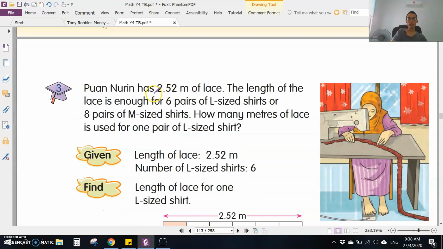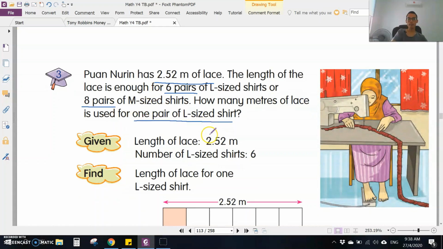Okay, Puan Nurin has 2.52 meters of lace. The length of the lace is enough for 6 pairs of L size or 8 pairs of M size. How many meters of lace is used for 1 pair of L size shirt? So what is given here is the length of lace 2.52 meters and it can make a total of 6 pairs.